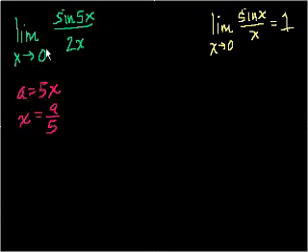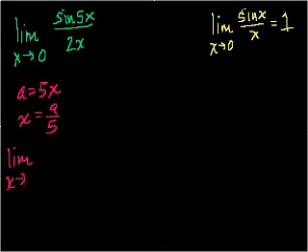So the limit as x approaches 0 would be the same thing as what? If x approaches 0 here, a is also going to approach 0, right? So this is the same thing as the limit as a approaches 0. Or you could view it this way: as a approaches 0, x is still approaching 0, maybe at 1/5 the pace, but it's the same thing.